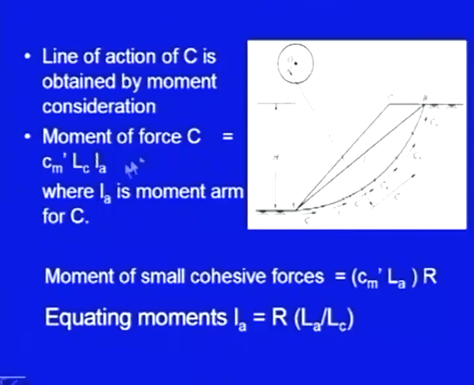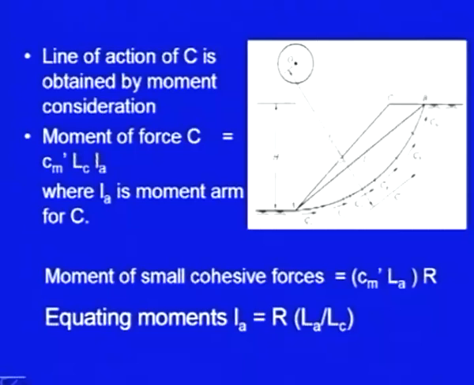We are taking moment about the point O, because this cylindrical volume is trying to rotate. So, the moment of the resultant cohesive force will be equal to Cm dash into Lc, that is the magnitude, and let us say La is the lever arm or the moment arm from the center of the circle.